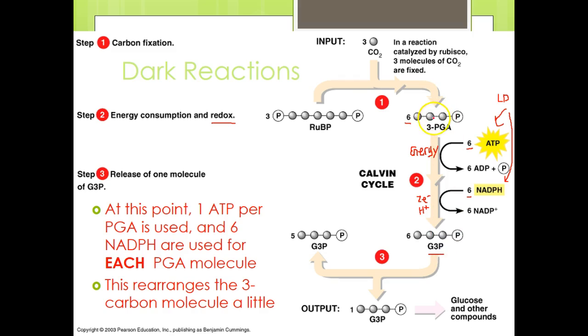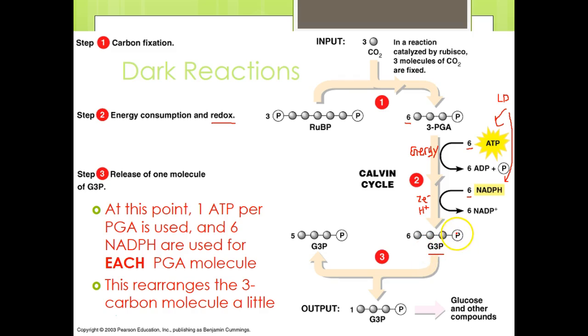All we do is we add hydrogen and electrons and a little bit of energy to these 6 molecules to convert them into something else. Okay, and G3P stands for glyceraldehyde 3-phosphate. So it changes from 3-phosphoglycerate to basically 6 molecules of glyceraldehyde 3-phosphate.